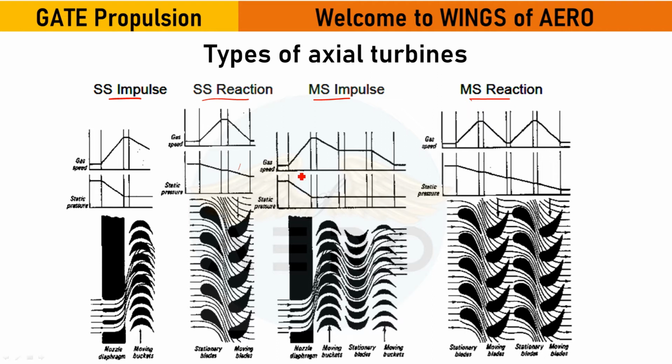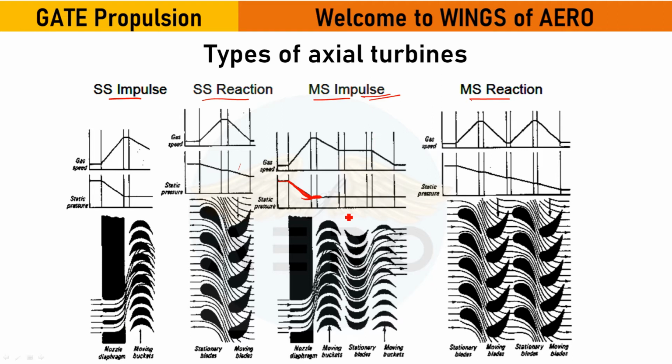Okay, how there are variations, but you see in case of multi-stage impulse, if you look into the static pressure, right? So what I have said, there is a sudden drop of the pressure, and after that, in the rotor there won't be any pressure change. At a stage it will decrease the pressure, right? That is the thing of the impulse.